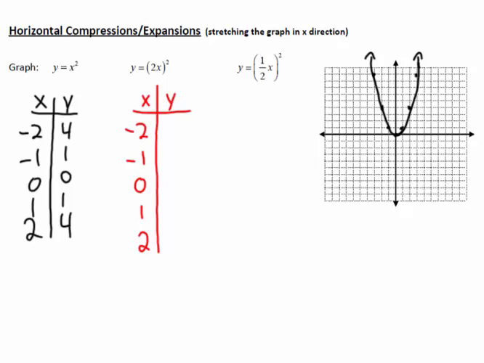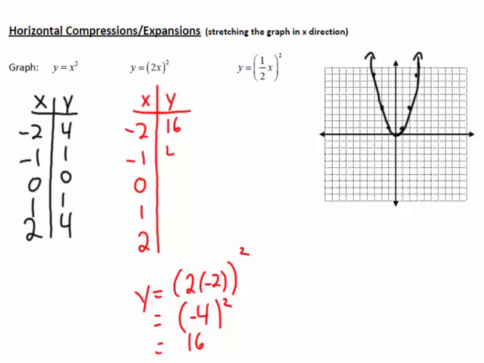Well, if we put -2 into our function, let's do one calculation first to show what we're doing here. 2 times -2 all squared is, of course, -4 squared, which is 16. So we get a value of 16. If we put -1 in there, we'll get -2.